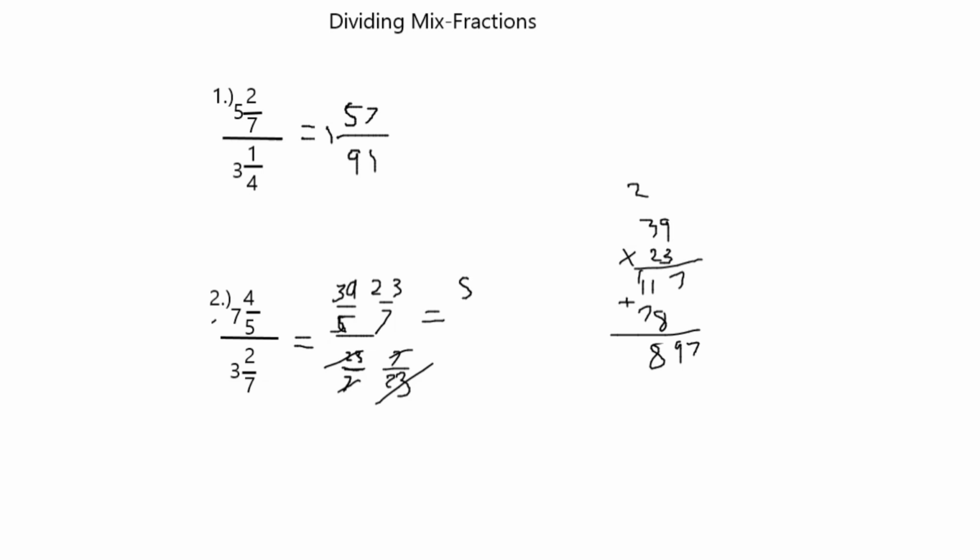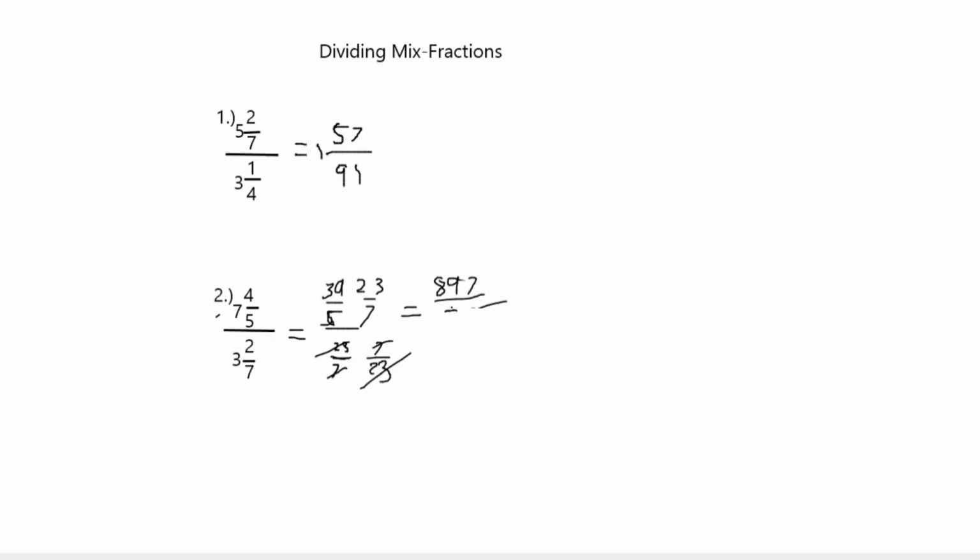Okay, so let's go. Let's keep doing this. 7, 9, 8. So with 89, 897. 5 times 7 is 35. So we got it. Just rewrite this.